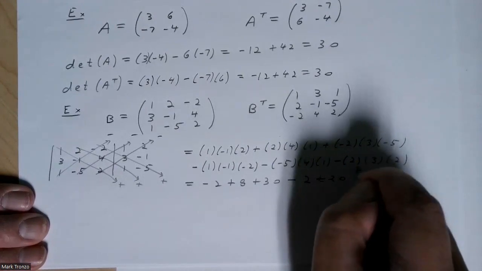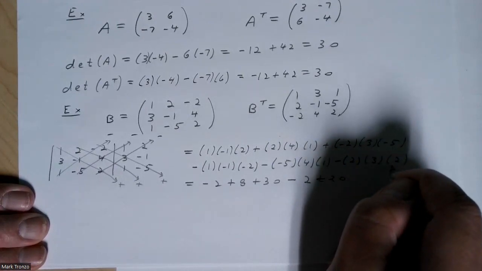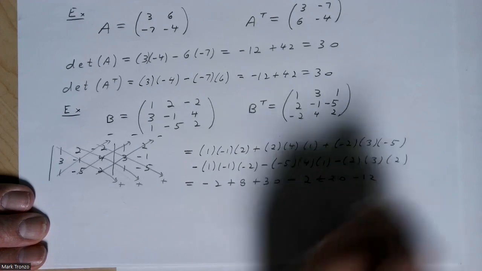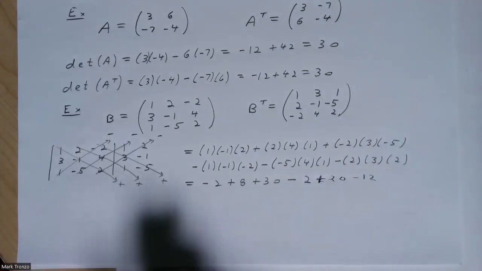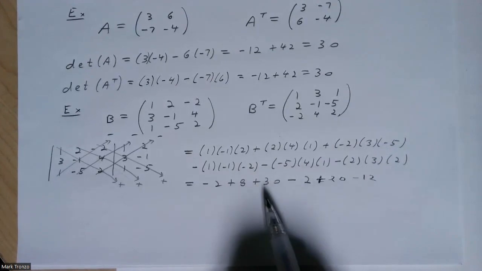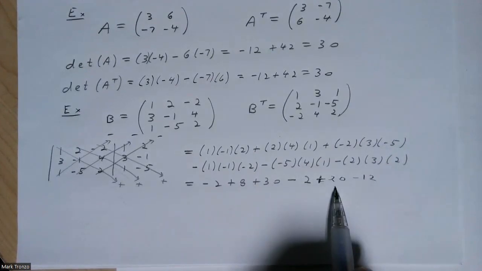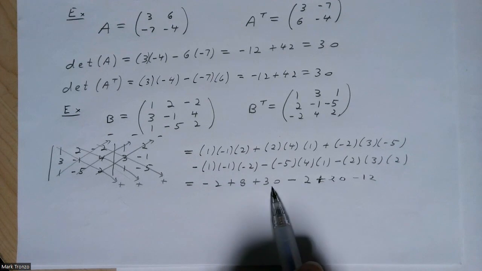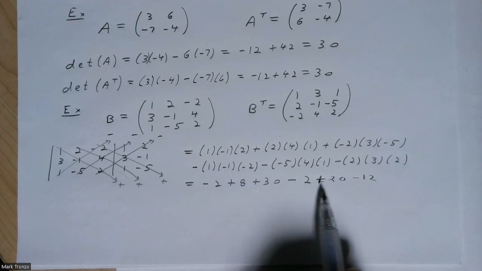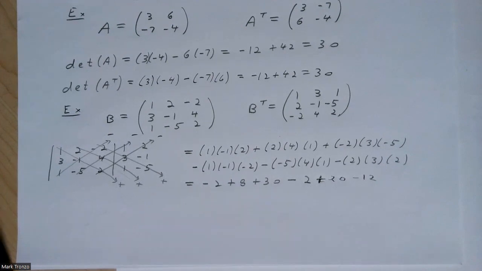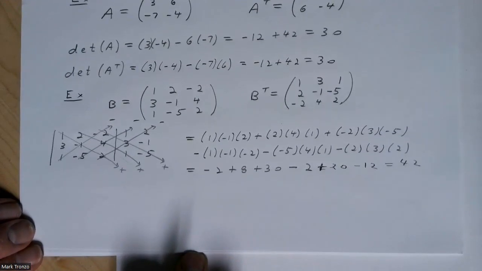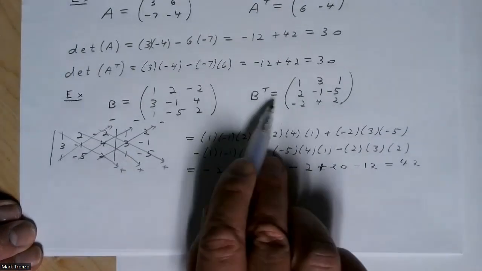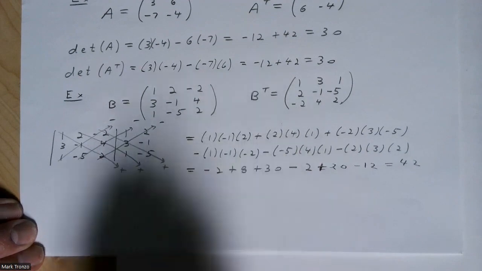And this will be negative 12. So let's just be sure I'm doing this correctly. This is going to be 50. And minus 24. And we get 42. Now let's do the same thing for the transpose.